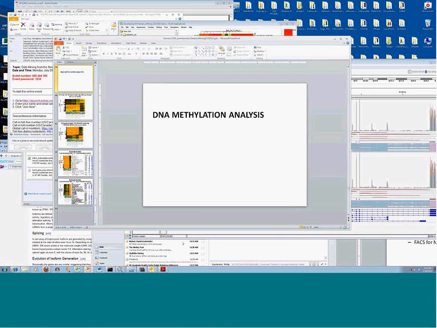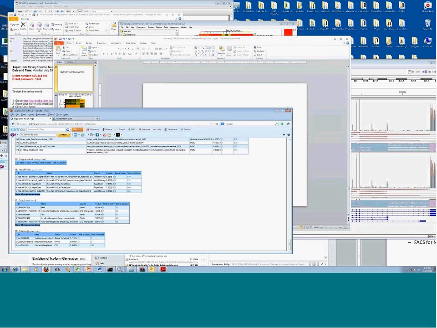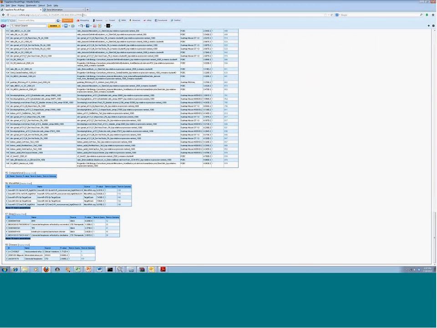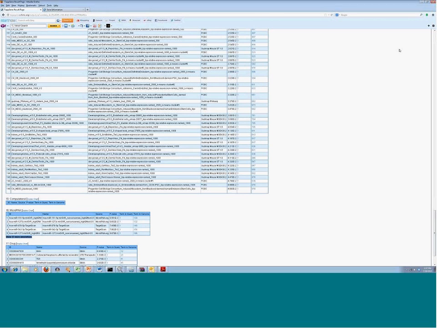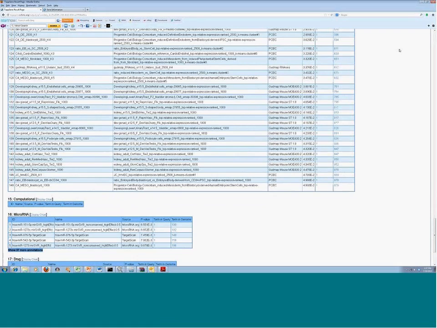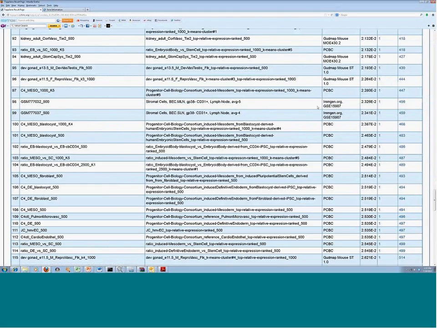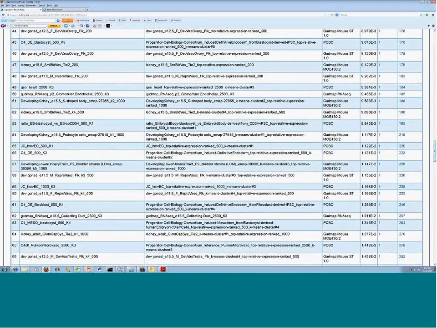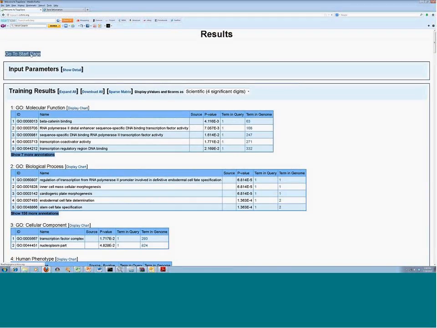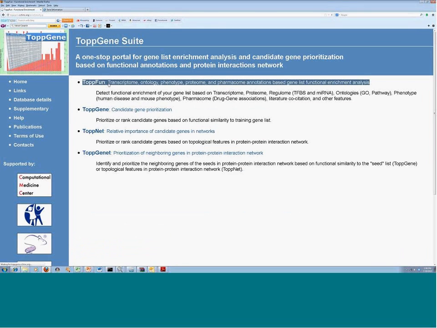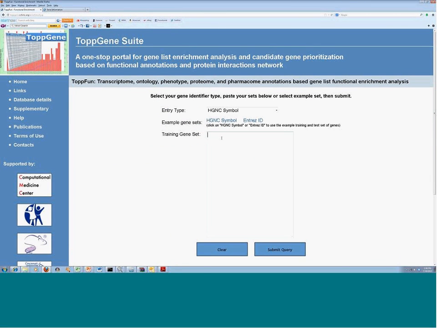Yes. So let's head right now over to TopGene in Gattaca. Let me make this bigger. So this is TopGene, and you go to TopFun, which is the link to use.